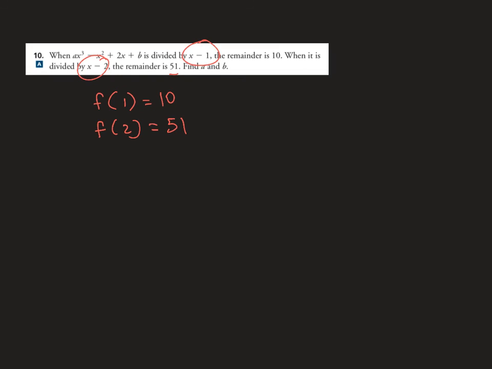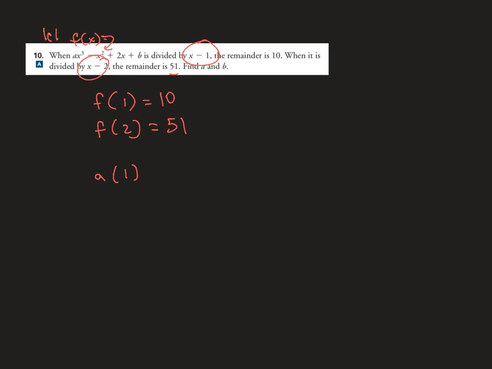All right, so let's try it. Oh, not x. We know what x is. We're letting x be 1. By the way, I guess I was calling this f of x. I should have mentioned that.